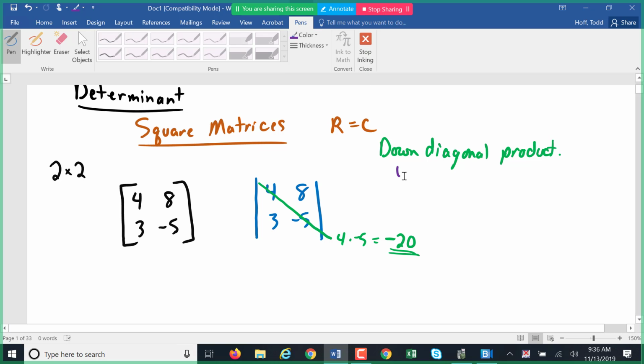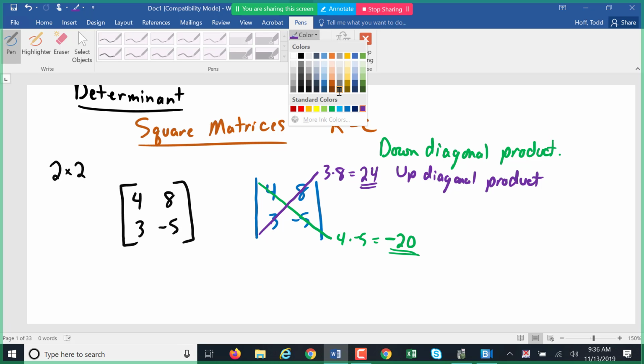Then we also have an up diagonal product. That is found by starting in the lower left and going up and to the right and multiplying those numbers. So that's 3 times 8, which gives us 24 as our up diagonal product.